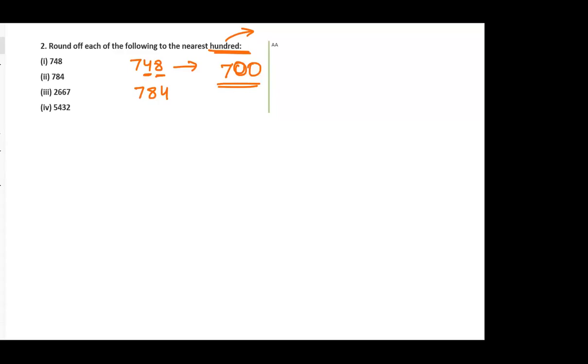So just underline the number which is at the 10th place, which is 8. So you will make this 4 0, this 8 0, and 8 is more than 5. That is why you have to add 1 in the 7. So 800 is your answer. Clear?